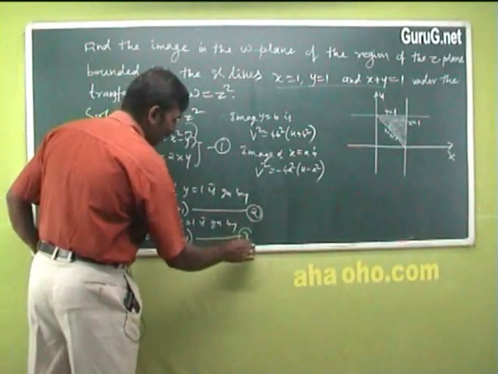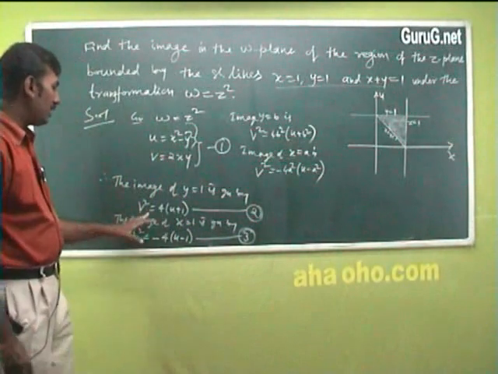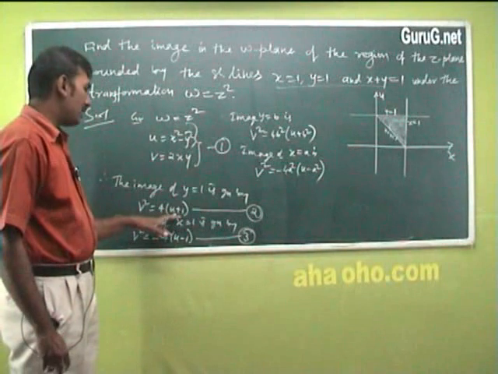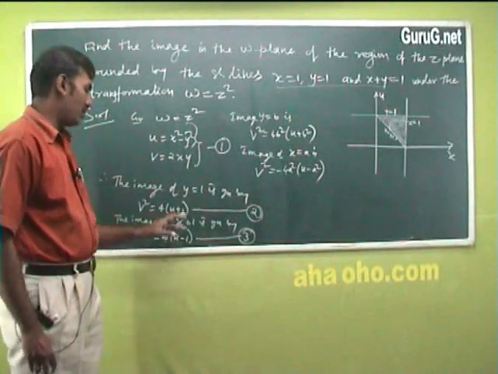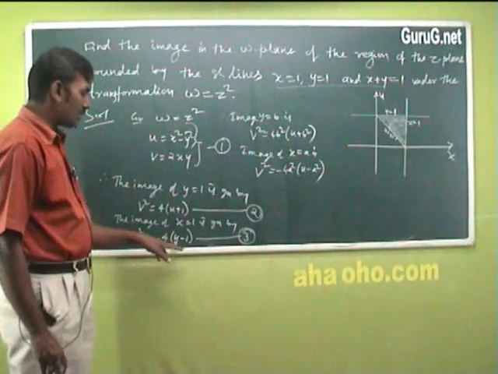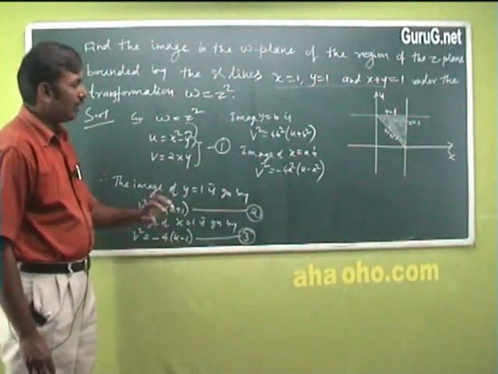This is equation 3. Equation 2 is a right open parabola with vertex minus 1 comma 0. Here it is a left open parabola with vertex 1 comma 0, right? Okay, we can draw it.